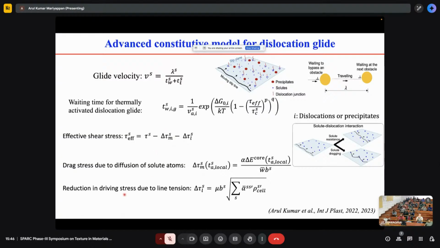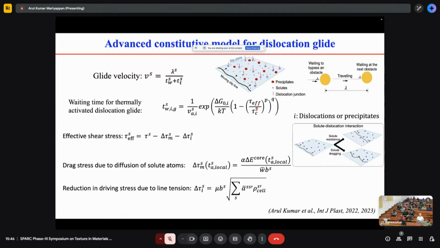Second, the driving stress for a dislocation can be reduced due to the line tension of a dislocation. So these two terms can reduce the amount of stress available for dislocations to move. If I subtract these two from the applied stress tau, then we can calculate the effective shear stress available at a dislocation for motion.